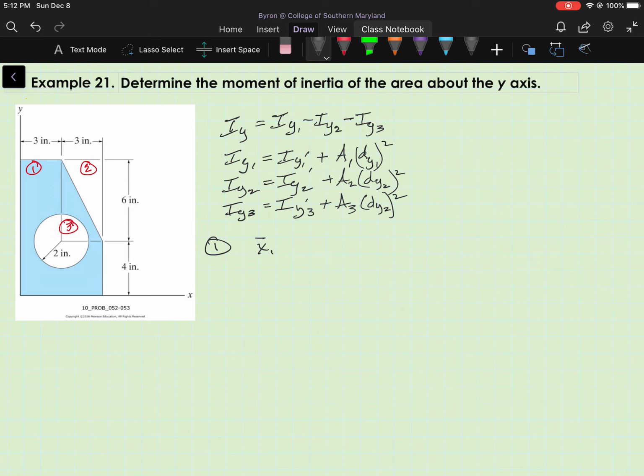I need to find I sub y1 prime, I need to find the area, and I need to find d sub y.